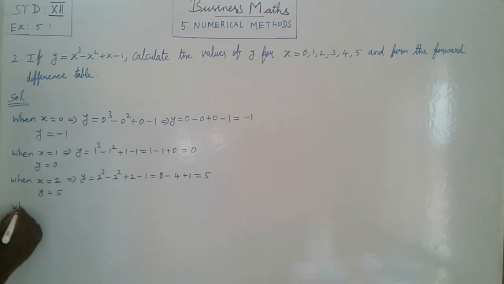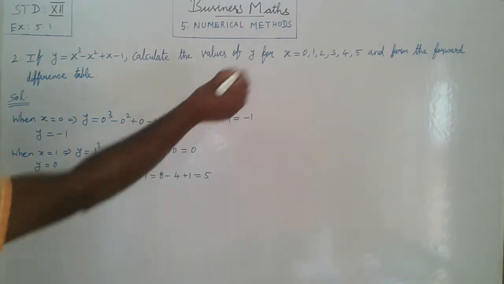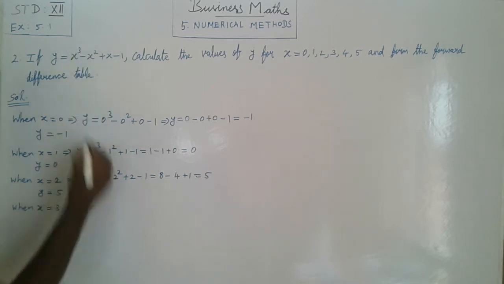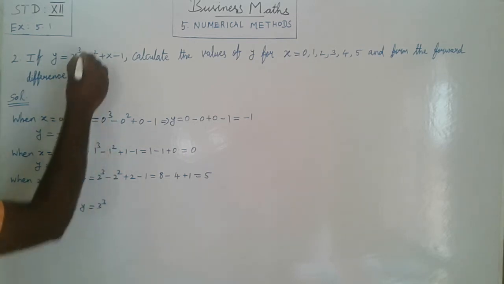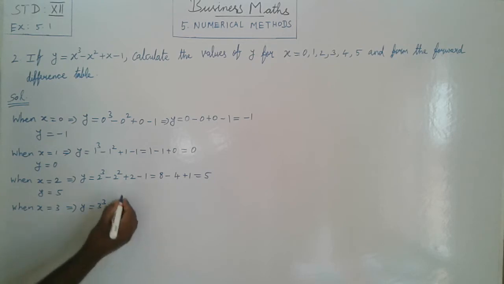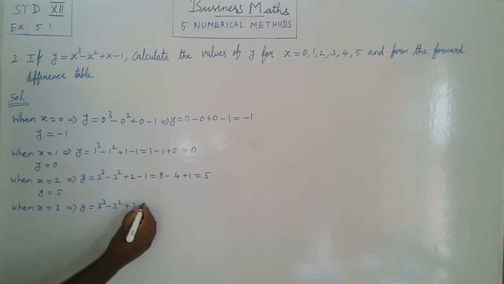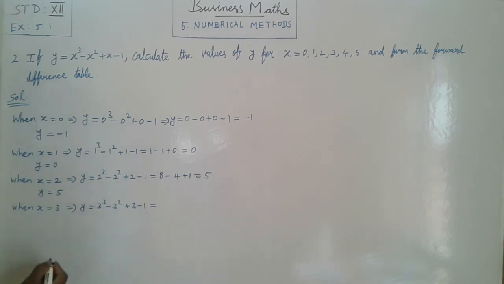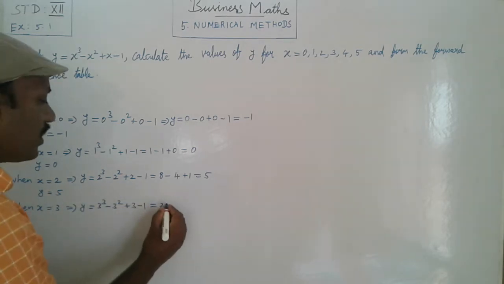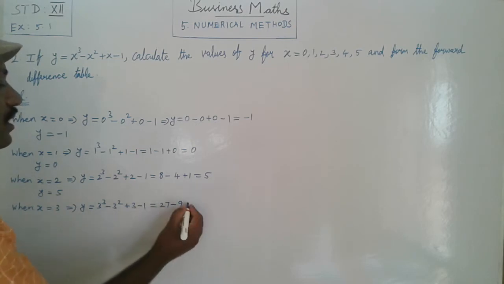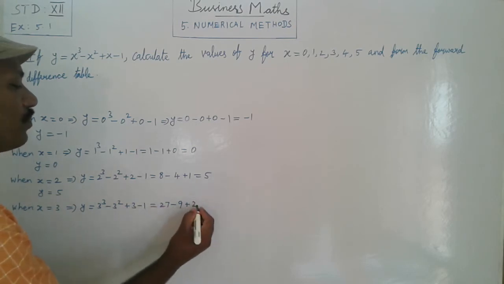Next, when x equal to 3, then y equal to 3 cube minus 3 square plus 3 minus 1, equal to 3 cube is 3 3s are 9, 9 3s are 27, minus 3 square is 9, plus 3 minus 1 is 2.